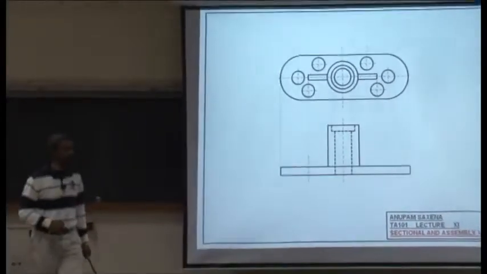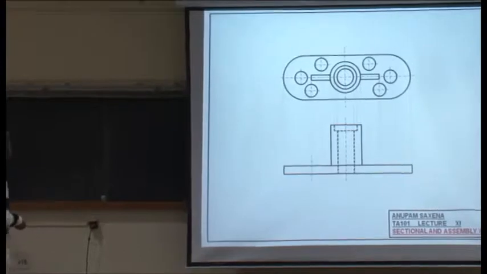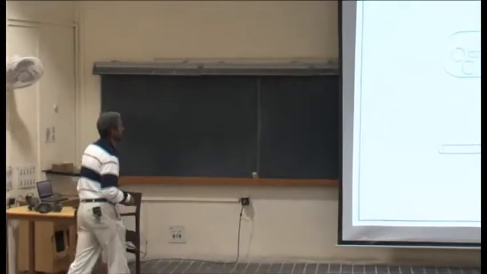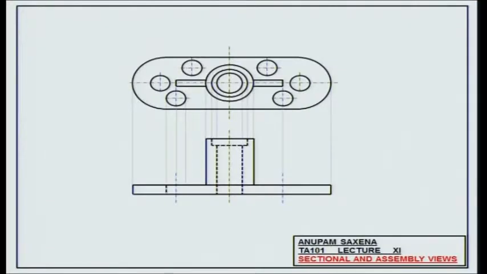We'll continue with the projections and we'll start drawing hidden lines pertaining to the circular voids in the top view. Okay, something that should be familiar to you because you have drawn this in your homework problem.